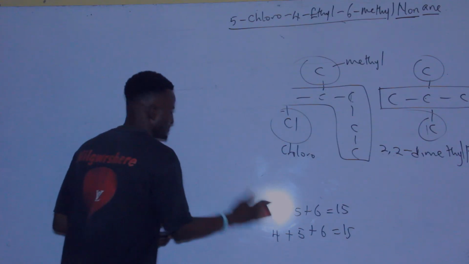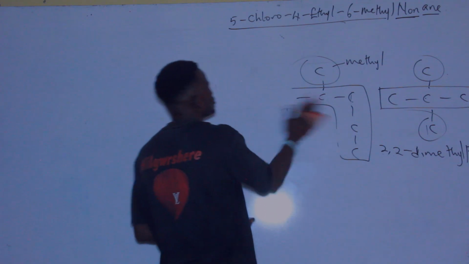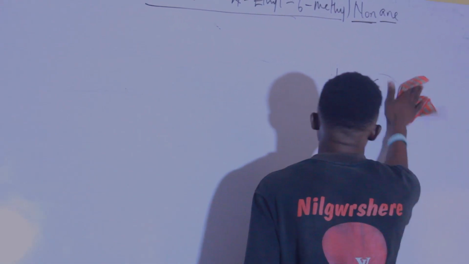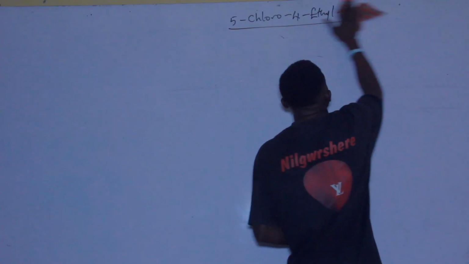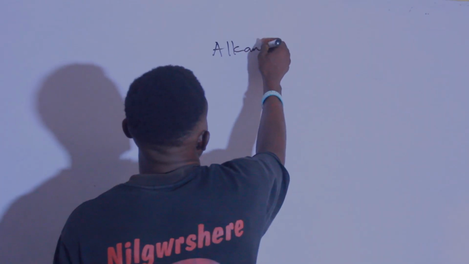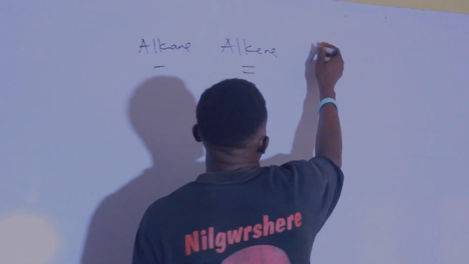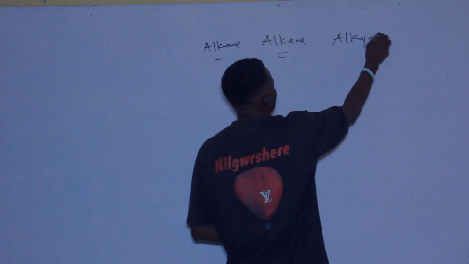Law 6 says, whenever you want to name the organic compound and there is presence of a functional group which is different from the alkane family, the functional group takes precedence. Under the hydrocarbons, we have the alkane, which is single bond, the alkene, which is double bond, and the alkyne, which is triple bond.